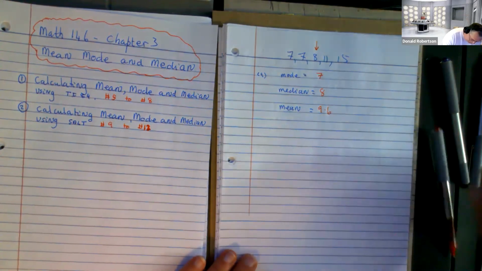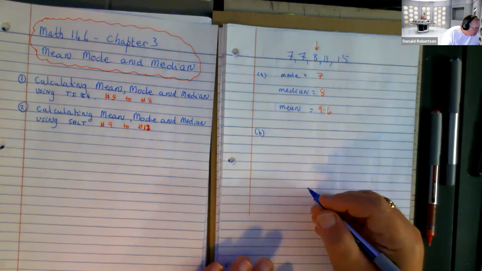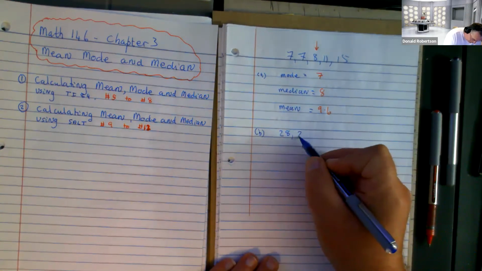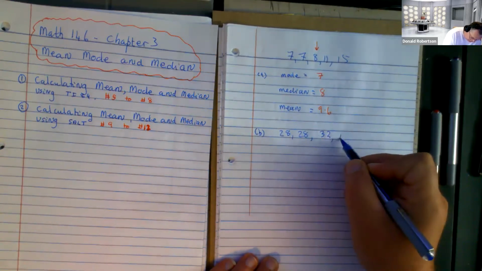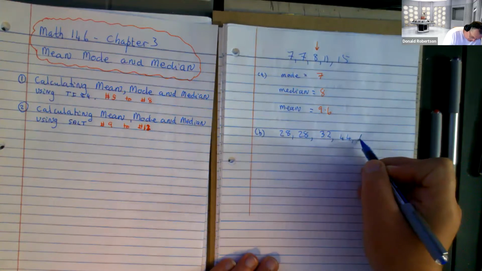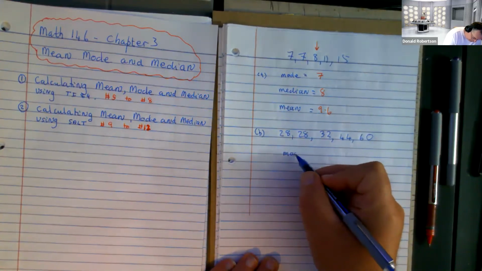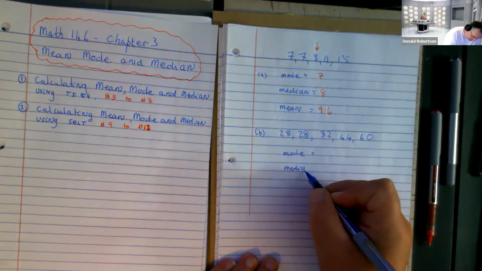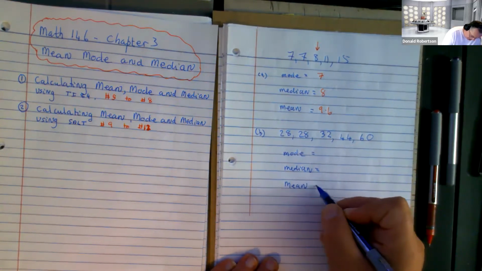Now, in question B, they said, multiply each of these data values by 4. So that's going to be 28, 28, 32, 44, and then finally 60. And then it asks us to find the mode, the median, and lastly, the mean.